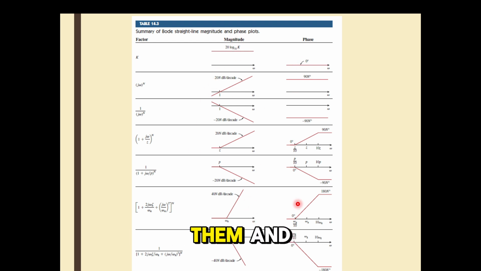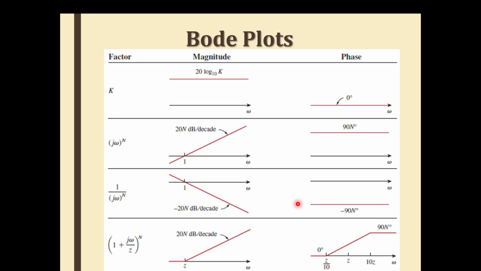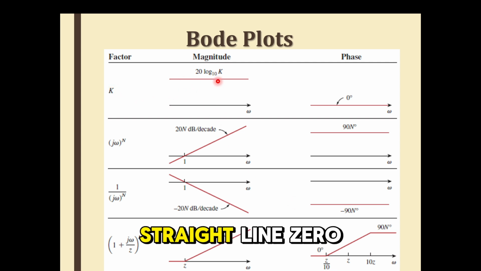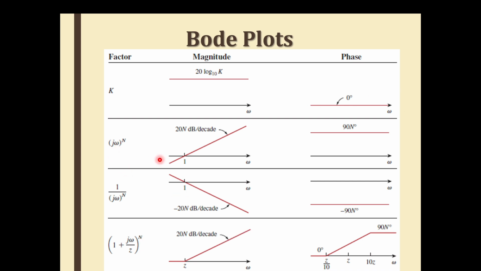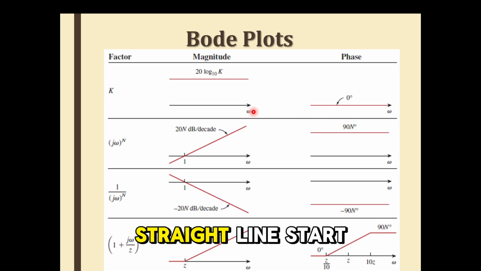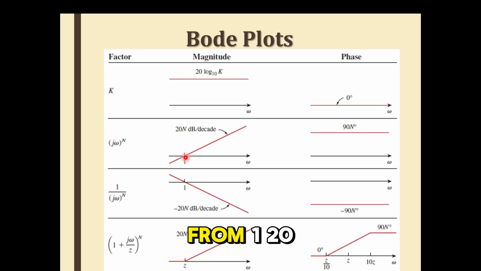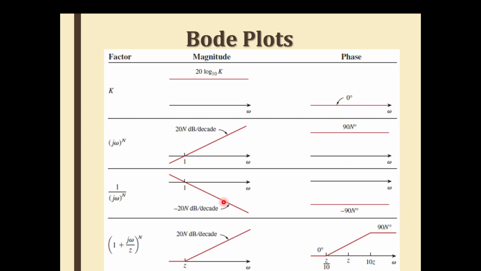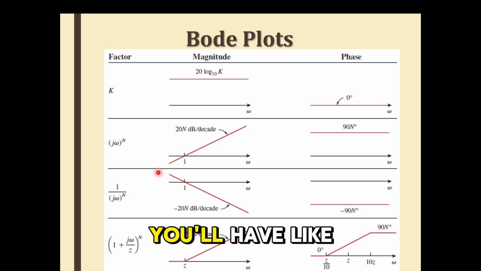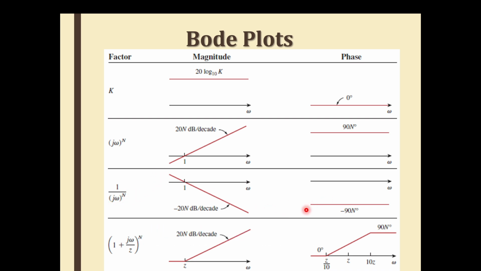So we will zoom in and check one by one. K is a straight line, 0 phase. j omega n is a straight line, starting from 1 at 20 dB per decade, positive 90. And if j omega n is in the denominator, you will have negative 20 dB per decade, phase at negative 90.